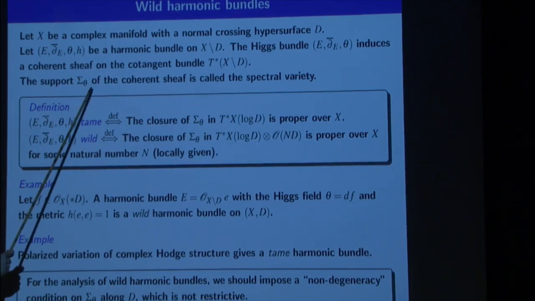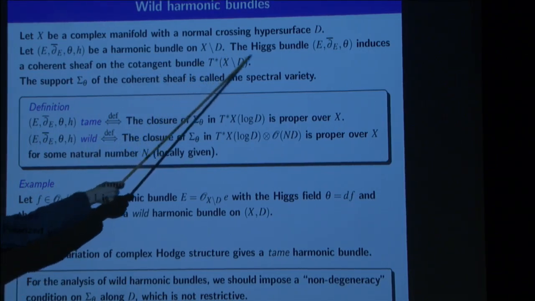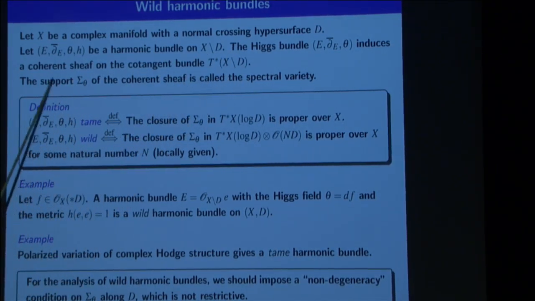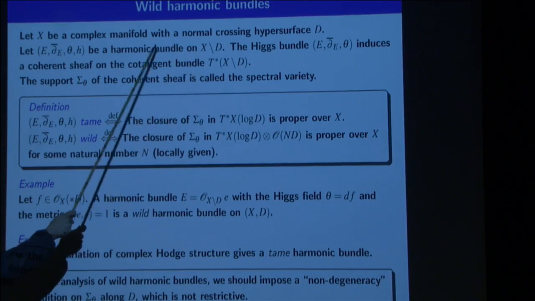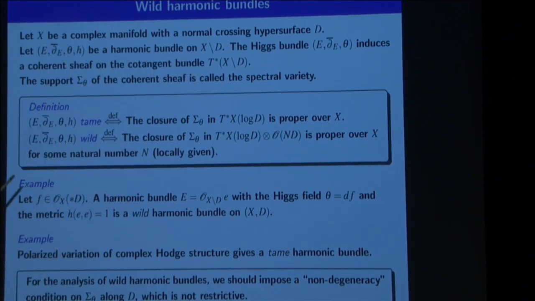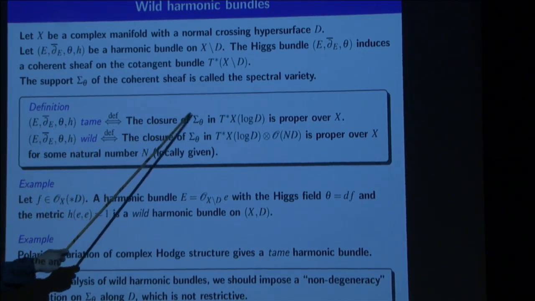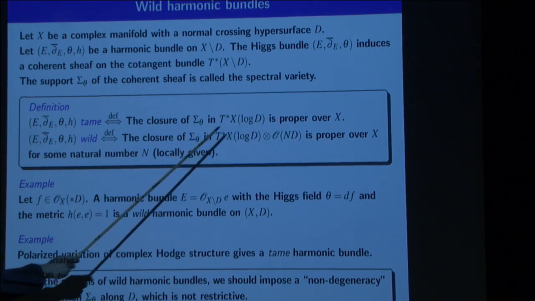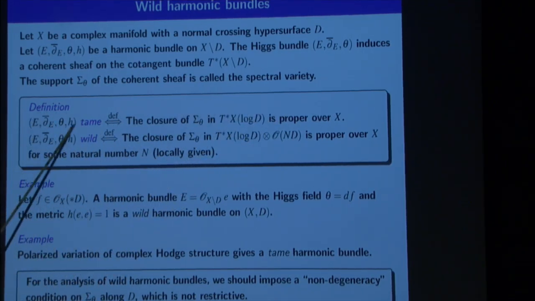So this is a subvariety of the cotangent bundle of X minus D, and anyway, this is called the spectral variety of the Higgs bundle or harmonic bundle. And if the closure of the spectral variety in the logarithmic cotangent bundle is proper over X, then the harmonic bundle is called tame.